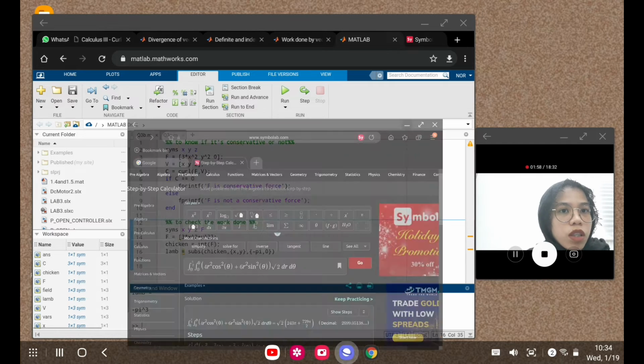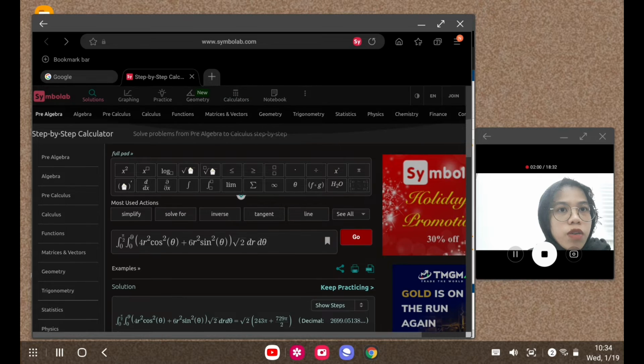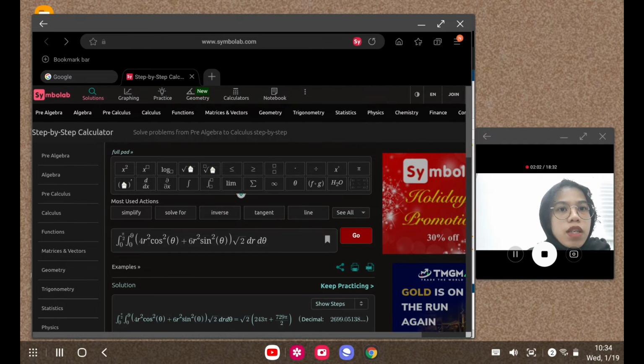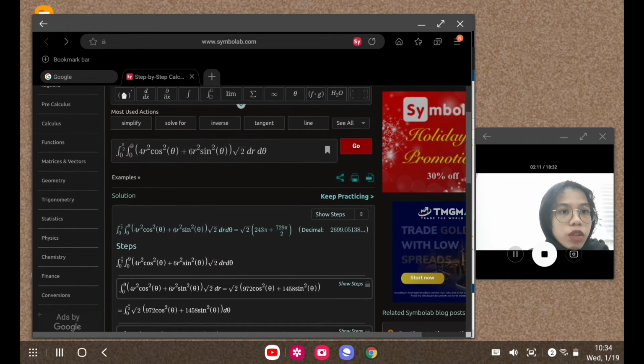Okay, so for the C, the last one, I use symbolab.com. It's actually a calculus calculator where it will show you step by step of a calculation.